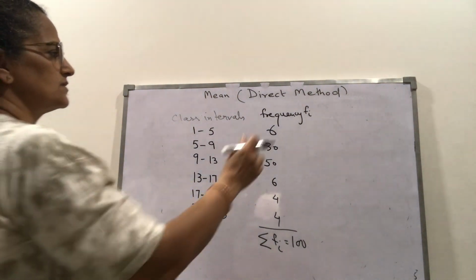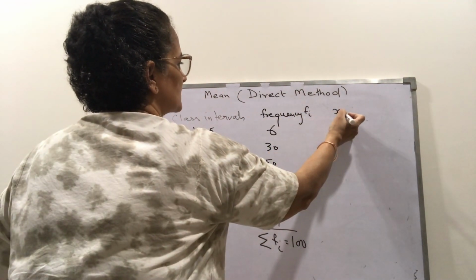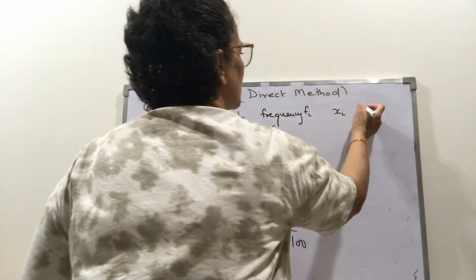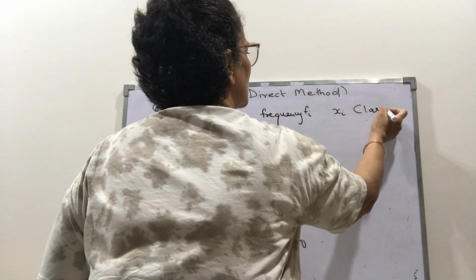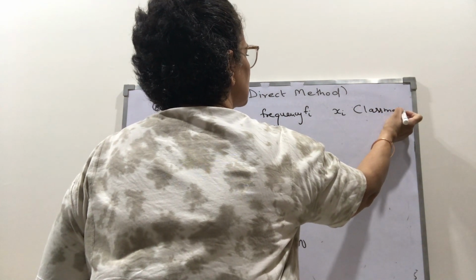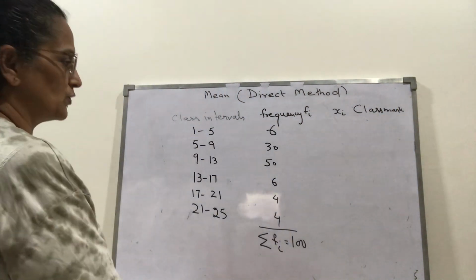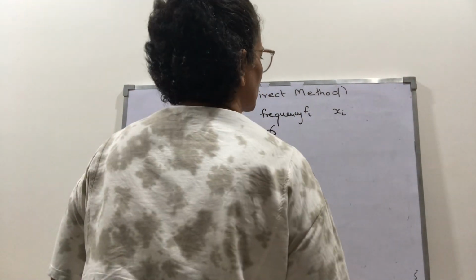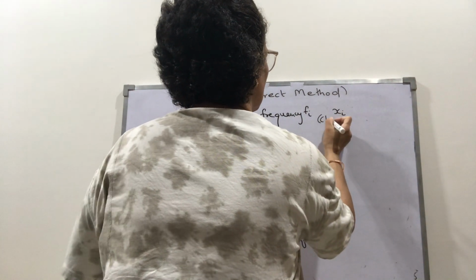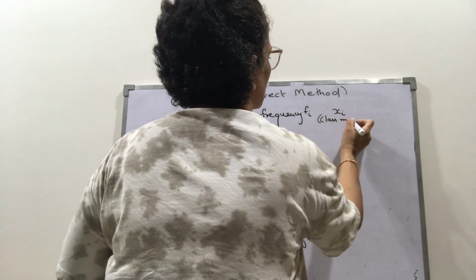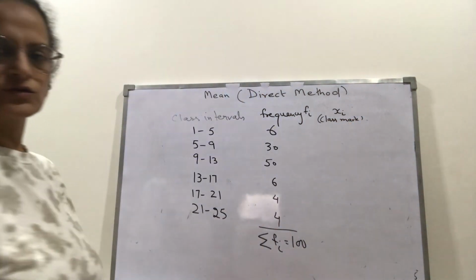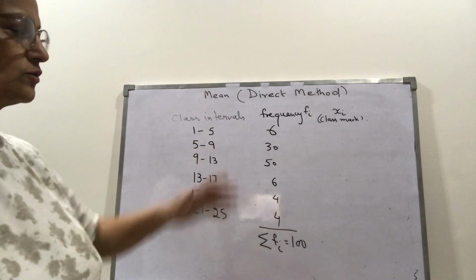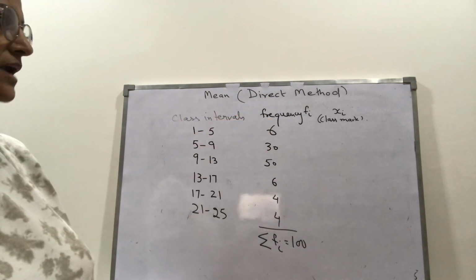Now after this we will write Xi. What is Xi? Xi is the class mark. Class mark is lower limit plus upper limit upon 2. So after noting down the class intervals and the frequencies from the question, we find the class mark.